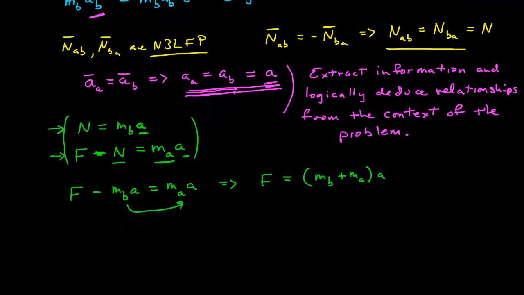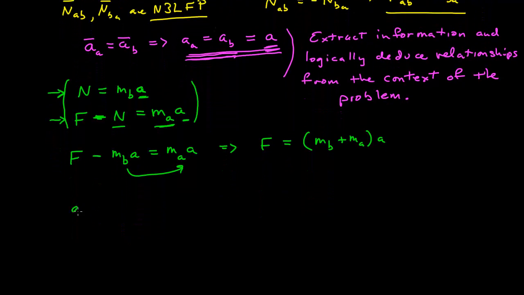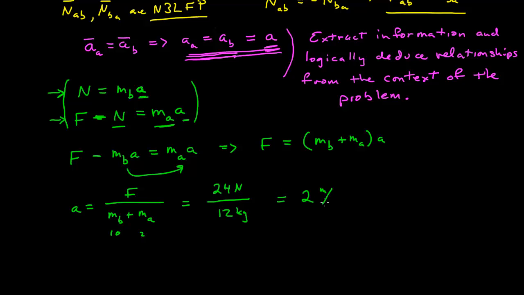And now I can solve for the acceleration, which is the force over the sum of the masses. Our original force, we said, was 24 newtons. Our masses were 10 and 2, so that's 12 kilograms, and so our acceleration was 2 meters per second squared.